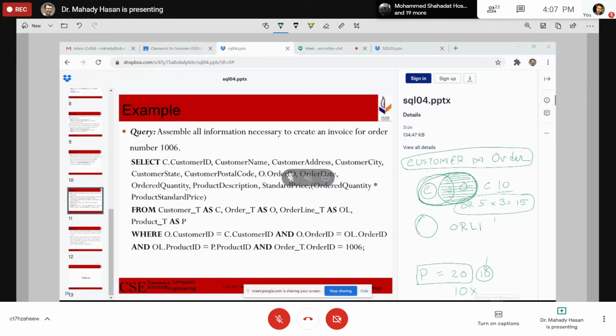For example, if there are 15 orders, each of these 15 orders might have 2 products. So in total, we will have 30 product lines, right? Once we join the whole thing, we will get these 30 product lines. That's what we want to see, isn't it?